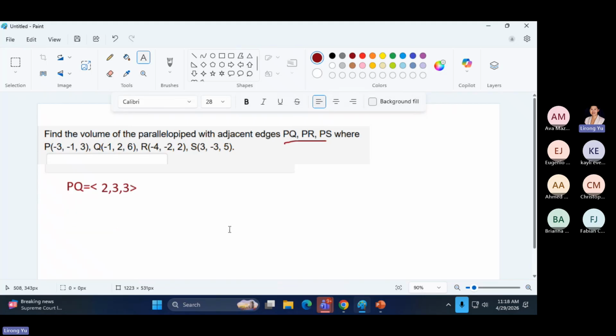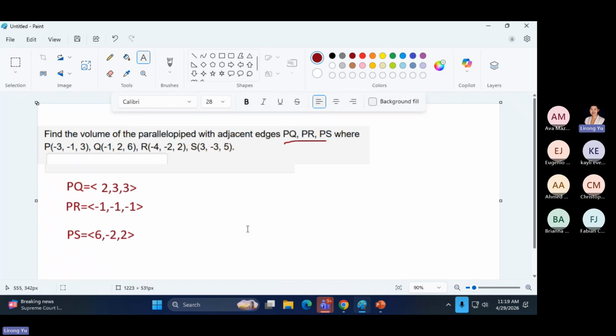You do the same for the last component, PS, and I hope the process is clear. That's 3 minus -3, which is 6, then -3 minus 1, which is -4, and 5 minus 3 is 2. So we identify those three vectors.